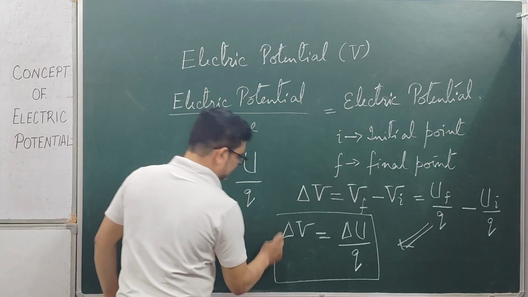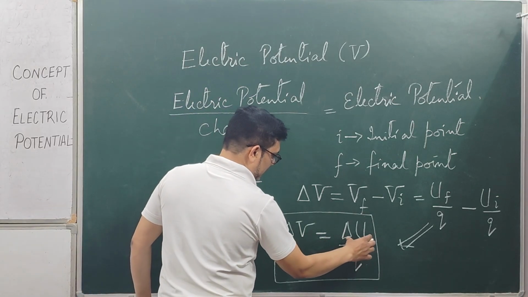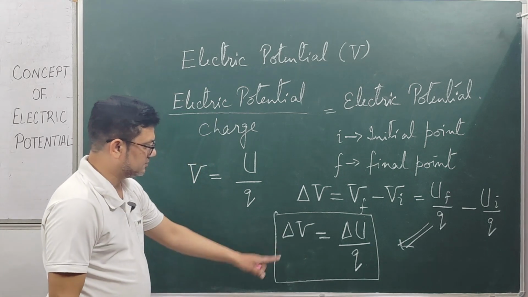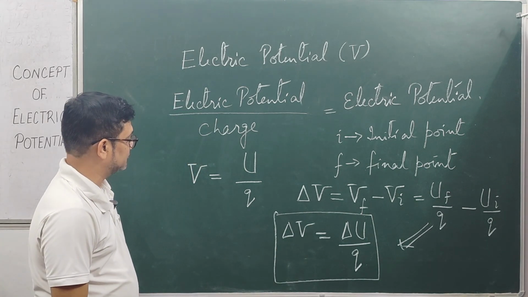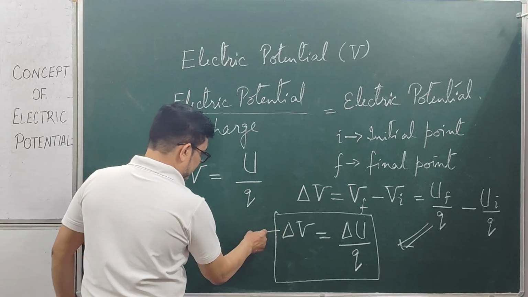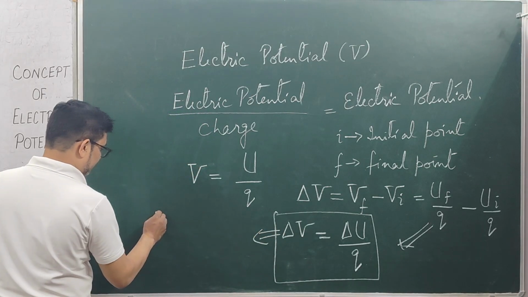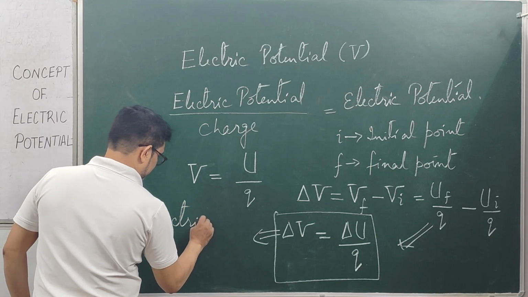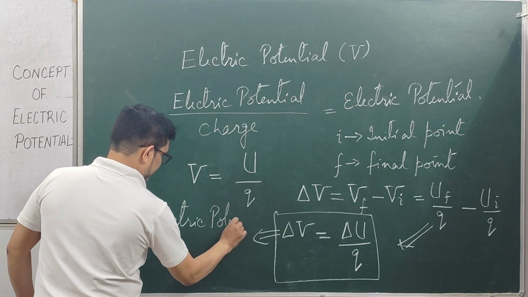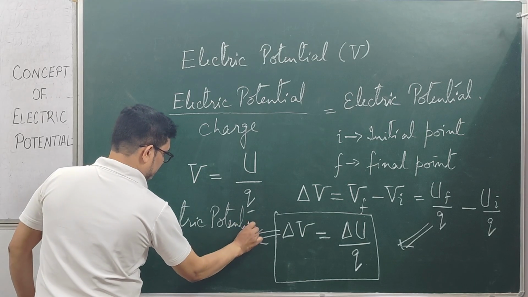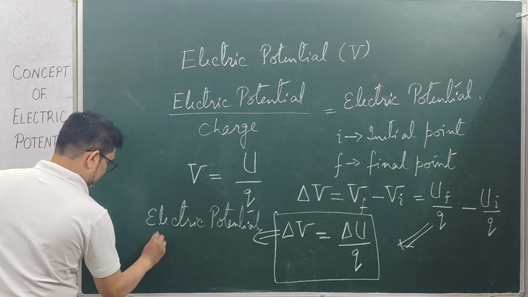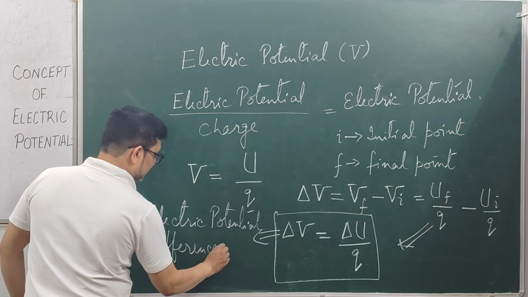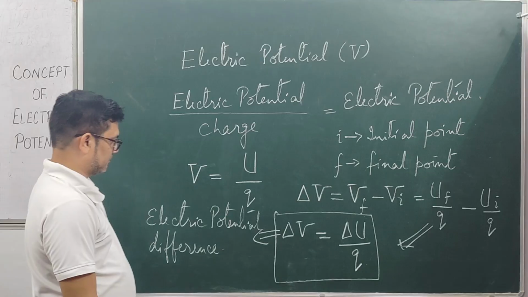We are saying that the difference in potential energy per unit charge is the electric potential difference between 2 points, which we have abbreviated as initial and final points.